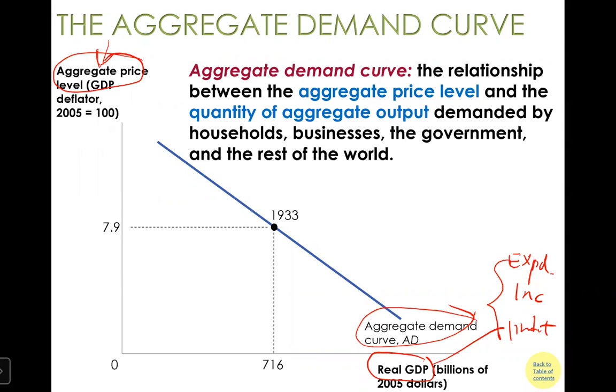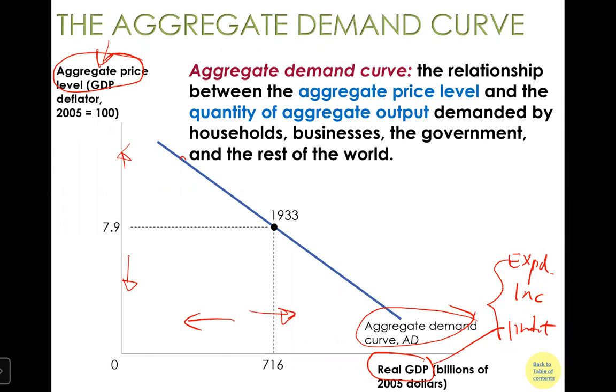This includes the price of bottled water, the price of the laptop, the price of the house, the price of education, many, many things, right? Also, demand is aggregate. We also have a downward slope, meaning the higher the price, the lower the aggregate expenditure or real GDP. The lower the price, the higher the aggregate expenditure or real GDP.